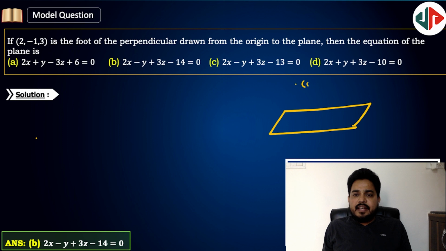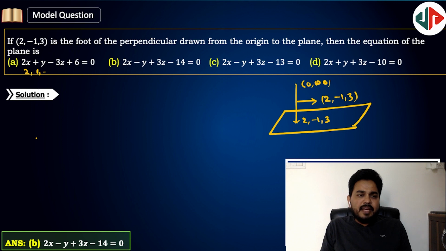Here the origin is a point. This point is 2 comma minus 1 comma 3. The drs of the normal is 2 comma minus 1 comma 3. So the drs of this one is 2 comma 1 comma minus 3, which is not the answer. Here drs is 2 comma 1 comma 3. This is also not the answer. Yes, among these two, which of these two planes satisfies 2 comma minus 1 comma 3?